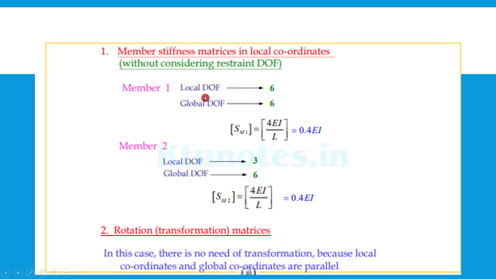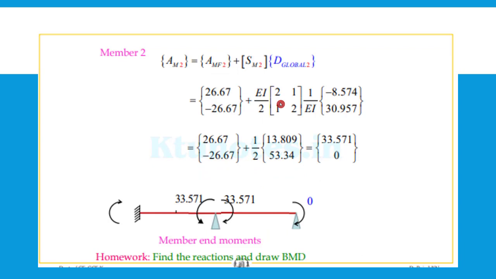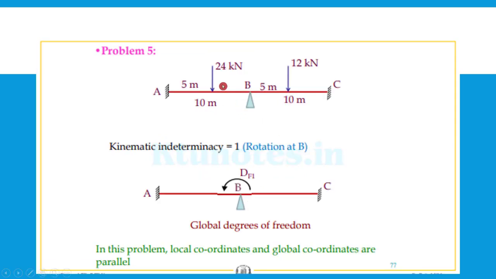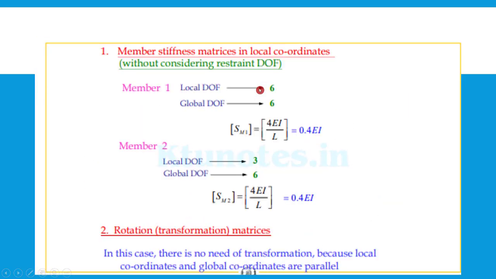So for member 1, local degree of freedom 6 will come, and for member 2, the local coordinates will be 1 2 3, so the third one will be the rotation. So third in the local coordinate and the corresponding coordinate in the global will be 6. So S_M is equal to 4EI by L, which is equal to 0.4 EI.